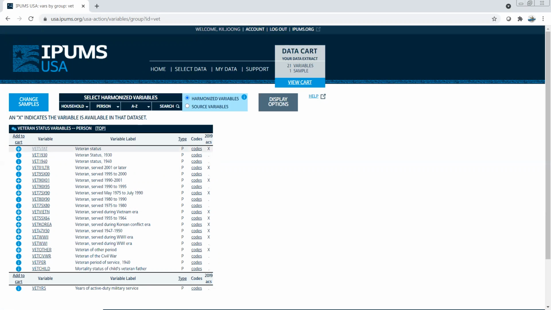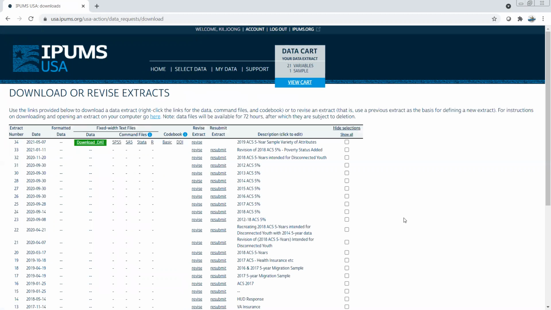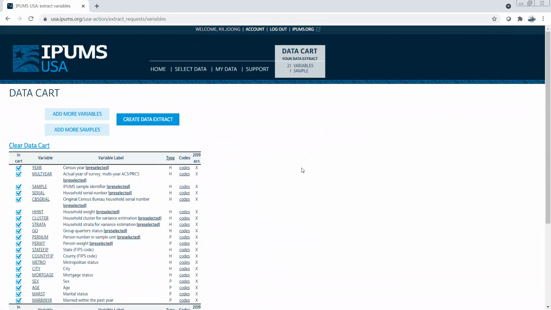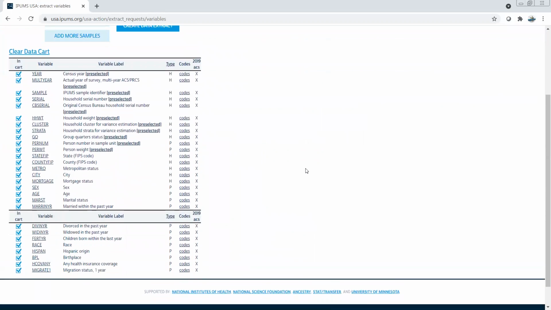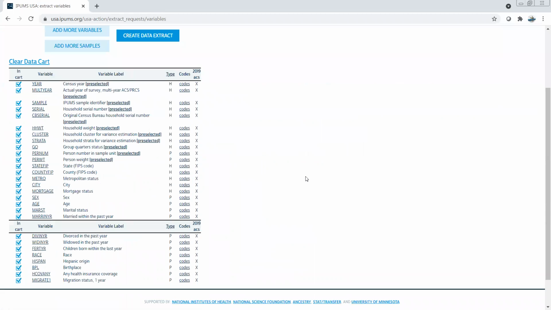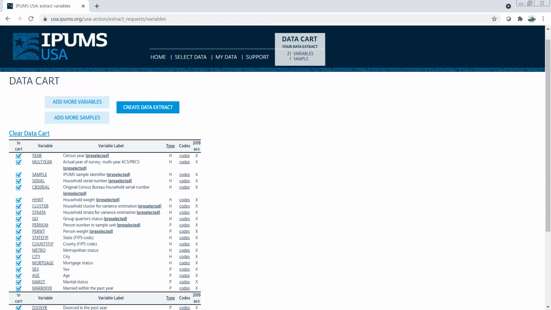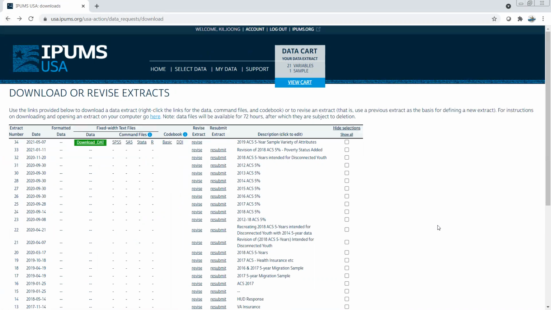Okay, so once you have those, one thing to remember, and I will warn you: with the national data, the number of variables can increase quite quickly, but once you have the national data for the American Community Survey, the file sizes are very, very large.